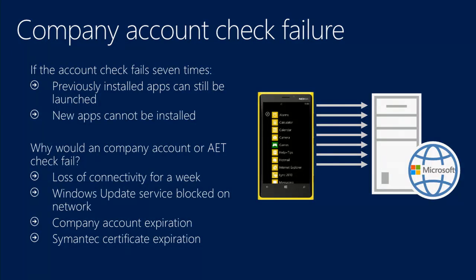So if your employees are using mainly a Wi-Fi connection, and it's checking every 24 hours, perhaps that port is blocked for Windows Update services. Or if the company account has expired, or if the Symantec certificate expired. So the company account is from Microsoft, and the Symantec certificate is from Symantec.